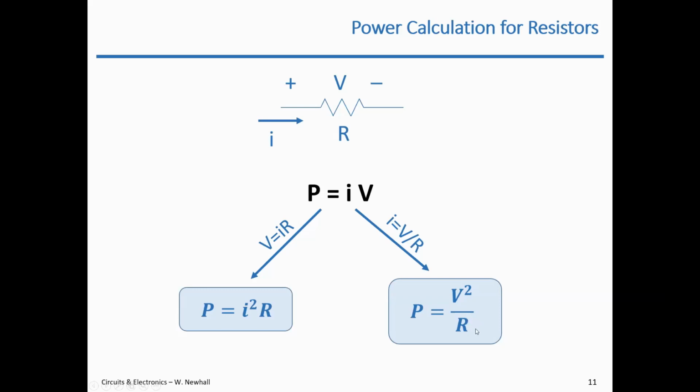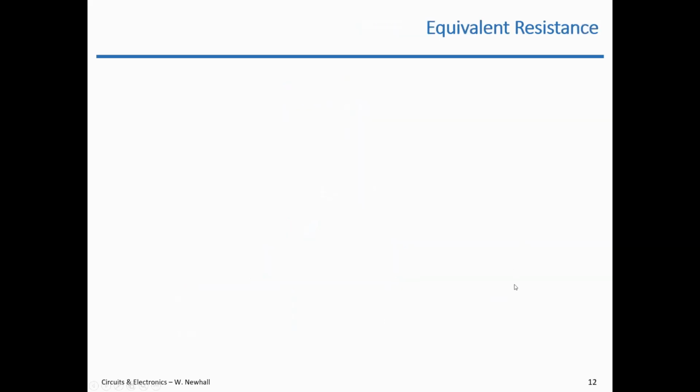Let's say it's a 1-watt resistor. If I have a certain voltage across that resistor, and maybe the power is a 1/2 watt, if I double that voltage, the power actually goes up by 4. So you have to pay attention to that. If you double the voltage across a resistor, the power goes up by 4, right? Same thing with current here. So that's a good relationship to know.